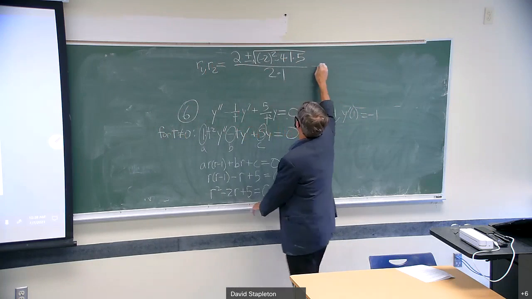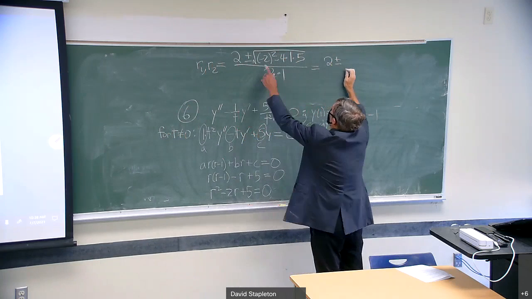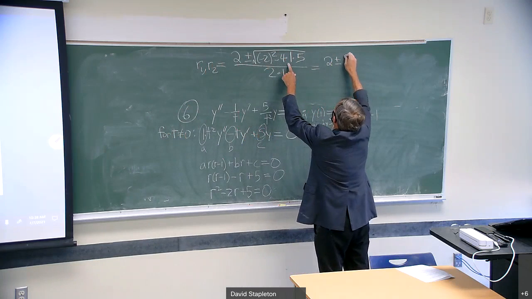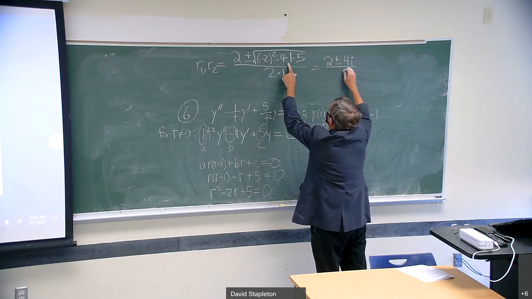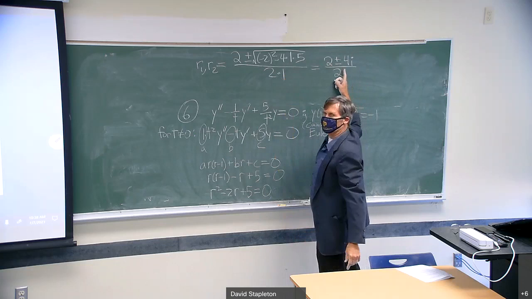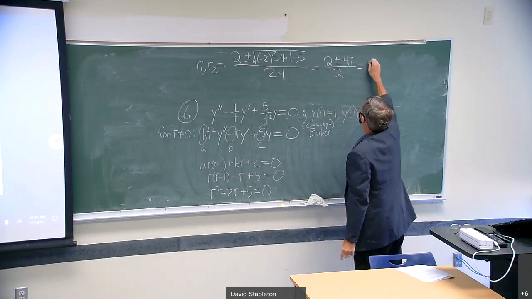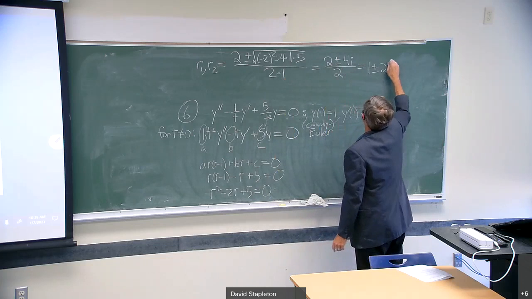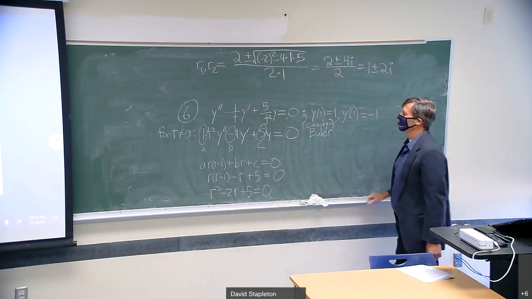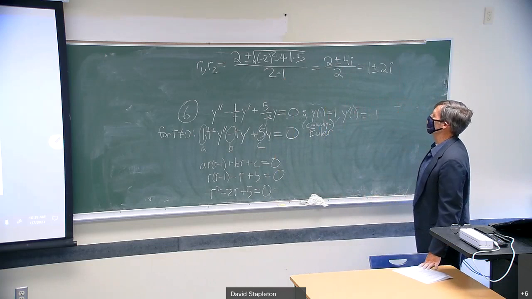And let's see, we've got 2 plus or minus the square root of minus 16, which is 4i. Oh, they're coming out nice. I must be doing it right. 1 plus or minus 2i are the solutions to the characteristic equation.